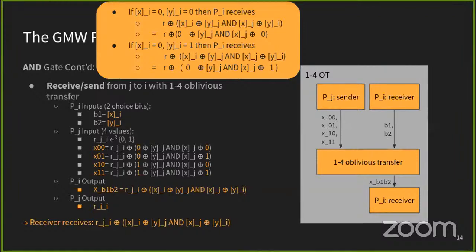Yeah, the thing is that in this slide, PJ can just pick some X. So these X's like X00, X01, X10, X11 can just take whatever values here and use them for this Oblivious transfer.